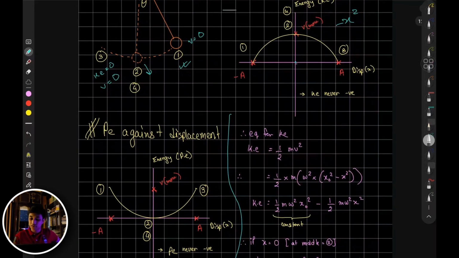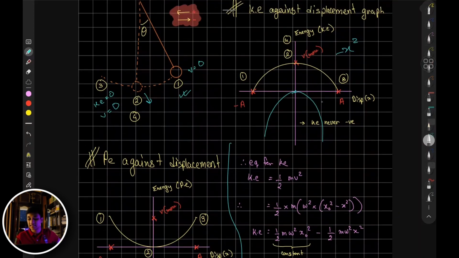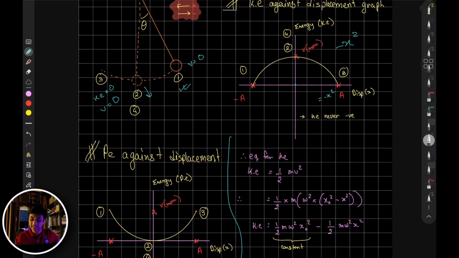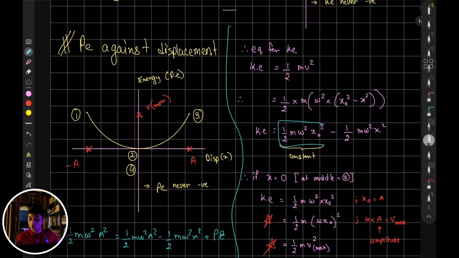Right, now you may imagine you must have searched, and the shape that you get is actually something like this. This is the curve for minus x squared, and this is the curve for positive x squared. Now, why is our curve shaped like this? Remember there is a constant over here and you're subtracting from this constant.